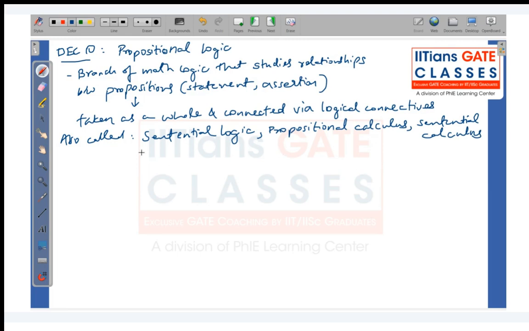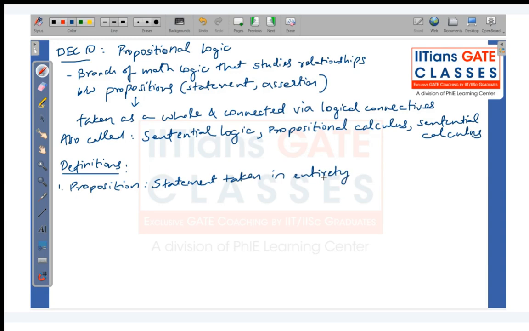Okay. So let's look at some definitions here. The first one is this proposition itself. As I mentioned, it's a statement taken in its entirety. This is in contrast to the syllogistic logic, that's Aristotelian logic that we saw in the last class.